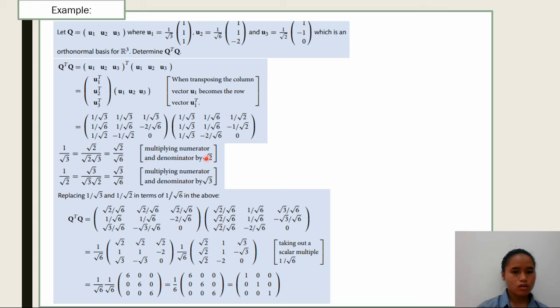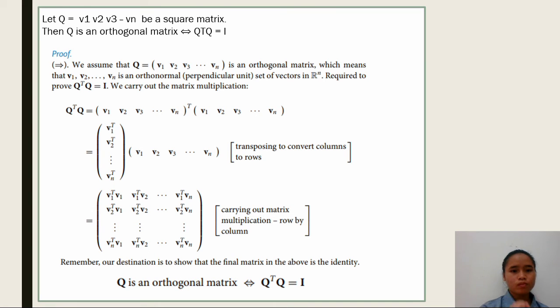We multiply the numerator and denominator by this, and we get this, taking out a scalar multiple. Okay, this is the proof. So Q is an orthogonal matrix. From the proof, we know Q is an orthogonal matrix.